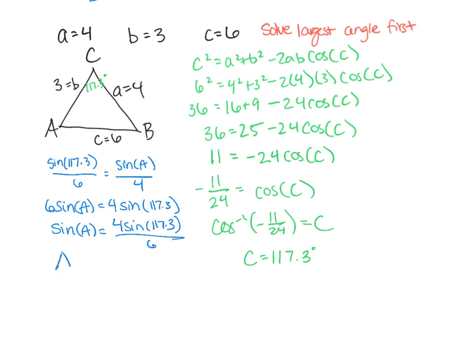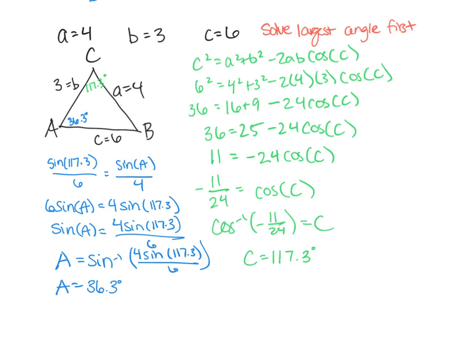And then sine inverse both sides so that we have A is equal to sine inverse of 4 times sine of 117.3 divided by 6. And once I plug that into the calculator, I get 36.3 degrees. Don't forget to bring it back to your triangle.